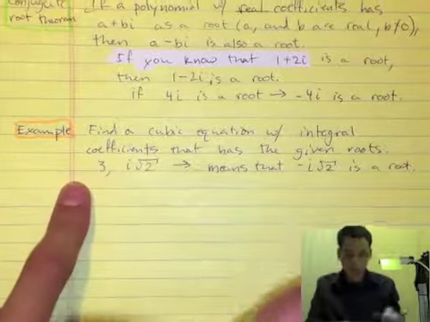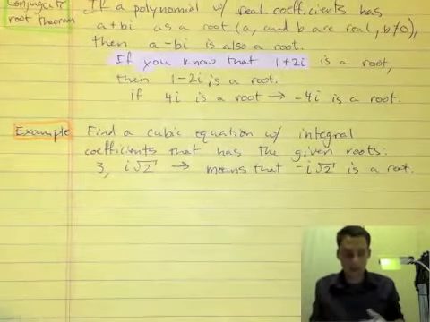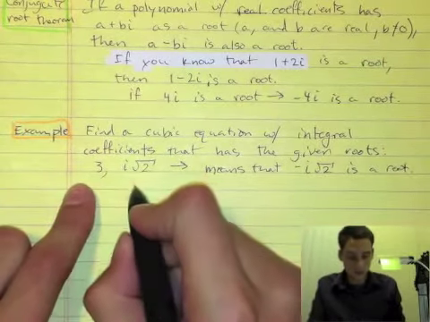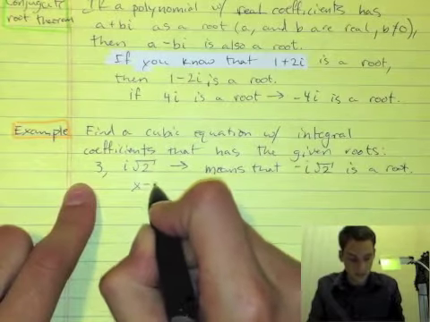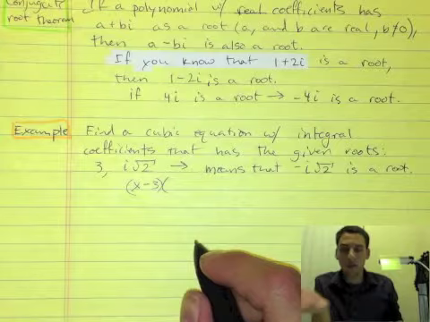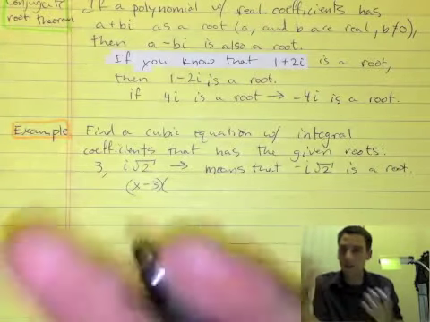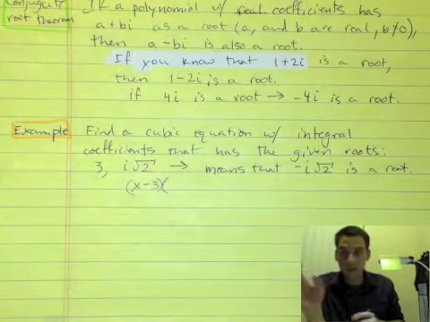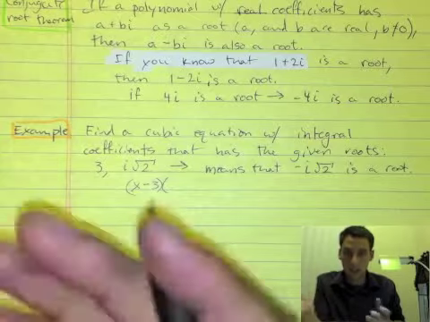So we can start out by going x minus our root. So we'll do x minus 3 and then multiply it. Remember, if we have all the factors, we can multiply them together to get the polynomial, just like if we had the factors of 8, we can multiply them together to get 8.